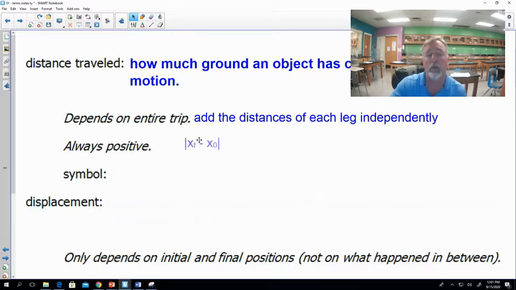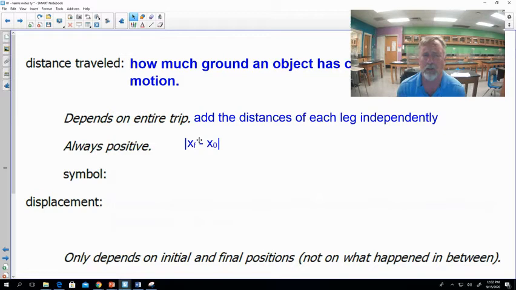So when we're trying to find the distance of one segment of a trip, we're going to take the final position and subtract the initial position, and then take an absolute value. It doesn't matter which direction you're going, right? I didn't say I traveled a negative 5 miles from my house down to school and then a positive 5 miles back up.